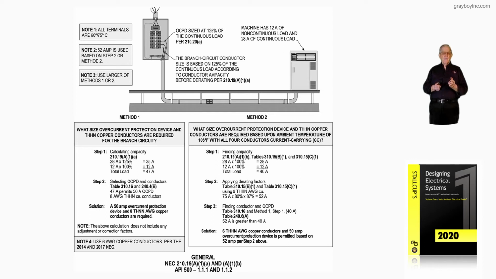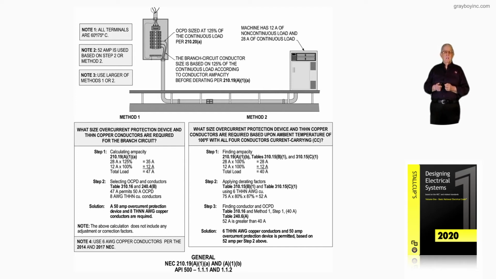But the loads, continuous and non-continuous added together, is only 193. But we would need a number 4 alt to supply 217.5 amps because the 4 alt is good for 230 amps.